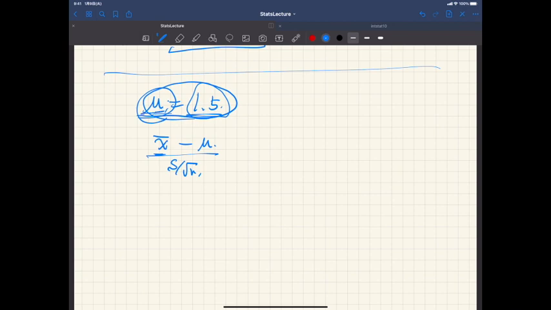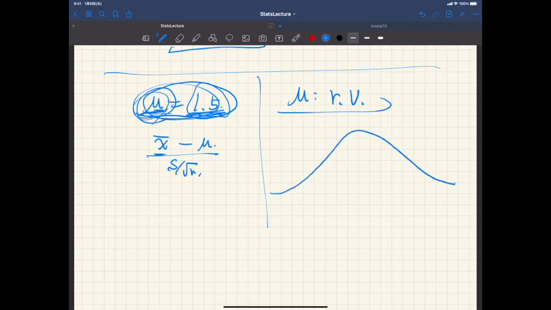But since mu is a continuous variable, just one value doesn't mean anything really. So we should be really considering the distribution of this mu, which is made possible in the Bayesian case, because in this case this is a random variable, and based on the data we calculate the distribution of this mu. So instead of mu being a constant, mu is a random variable. It's a distribution. It's not a bell curve per se.